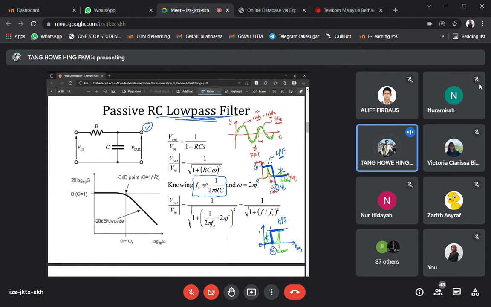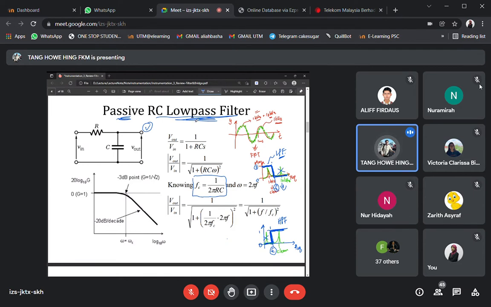The cut-off frequency fc is equal to 1 over 2 pi RC. This filter uses a resistor and a capacitor only, and it doesn't require any external power supply, so that's why it is passive. So this is a passive RC low-pass filter.